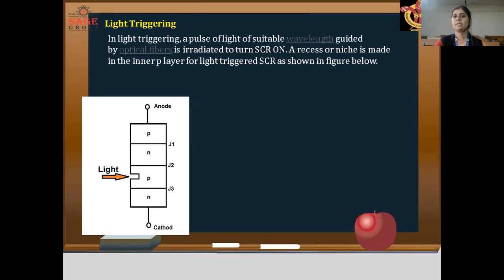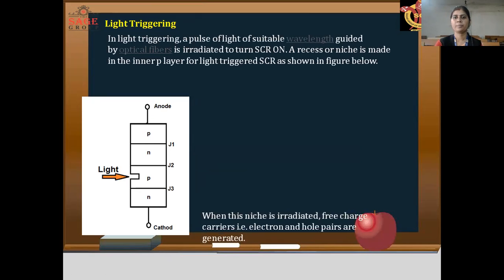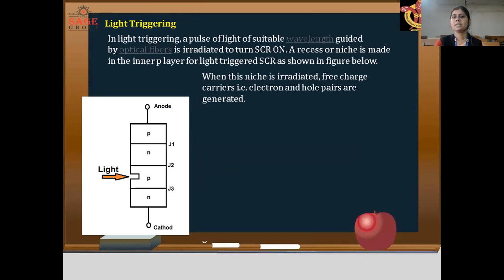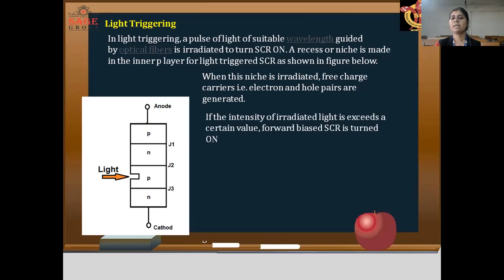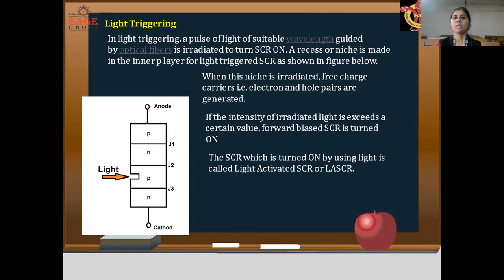A niche is made in the inner P layer of the light triggered SCR, as shown in the figure. When light falls on this niche, free charge carriers, that is electron and hole pairs, are generated. If the intensity of the irradiated light exceeds a certain value, the forward biased SCR is turned on. The SCR which is turned on using light is called a light activated SCR or LASCR.